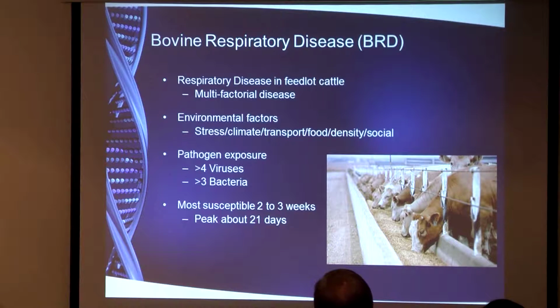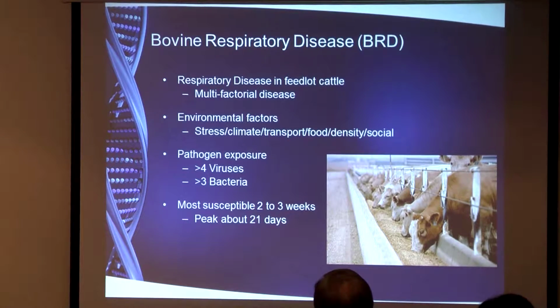We work on a BRD model of cattle first getting a viral infection that then predisposes them to a secondary bacterial infection, which is what we treat clinically as BRD. They're most susceptible in the first 2 to 3 weeks on arrival at the feedlot. After that period, things tend to settle down in terms of treatment of BRD.